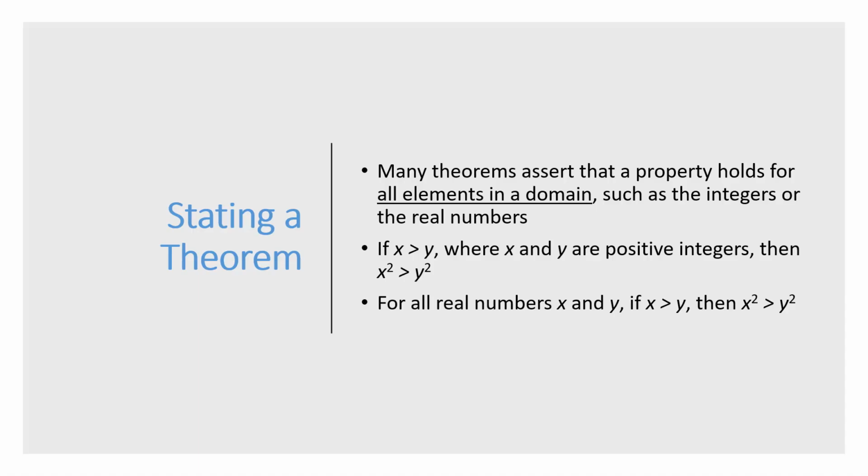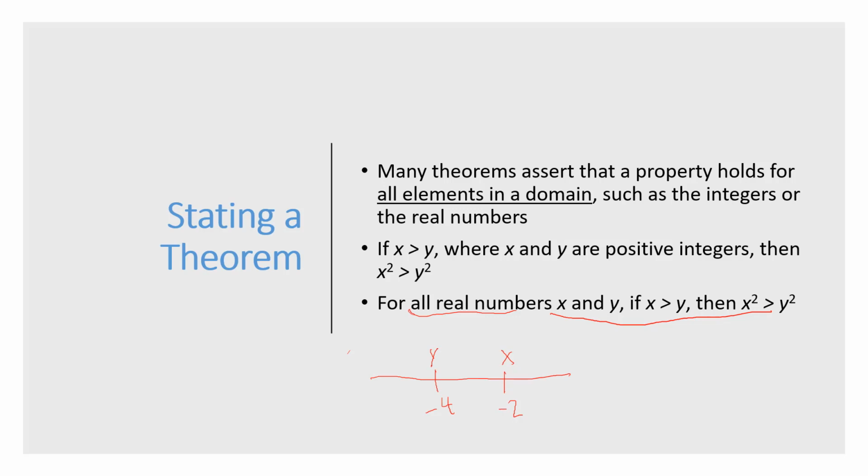Okay, now let's take a look at the other problem, which is we want to know if for all real numbers, if x is greater than y, then x squared is greater than or equal to y squared. Now, to prove this is quite simple. For example, if you draw numbers on the number line, let's say that x is -2 and y is -4.